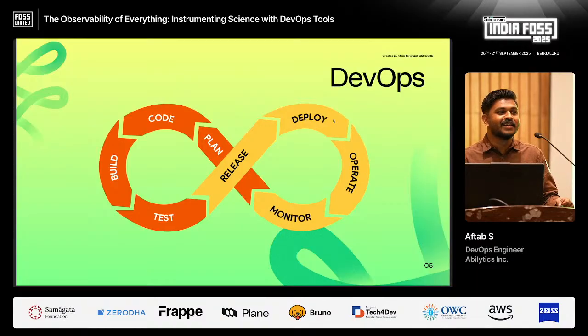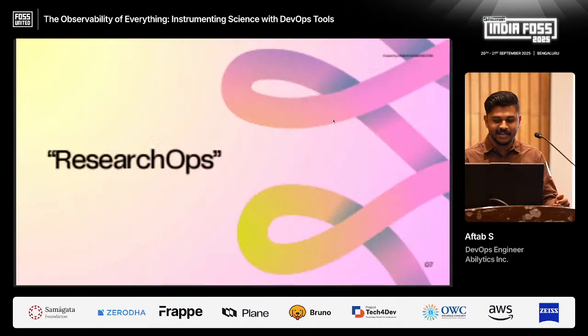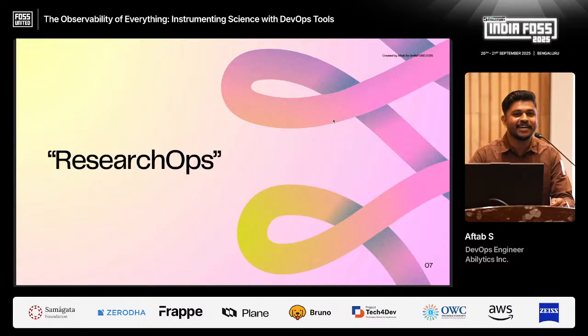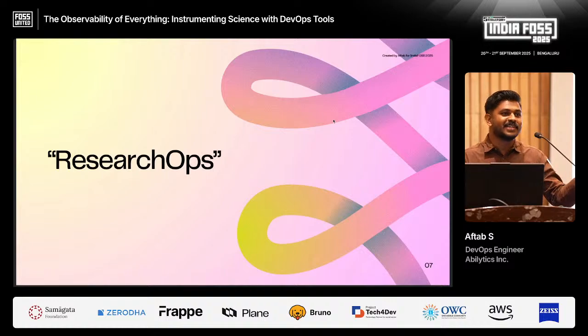And they also have a name. It's funny how people come up with names so easily. It's called research ops. I mean, it's actually fun, but when you think about it, research operations is basically DevOps for science.